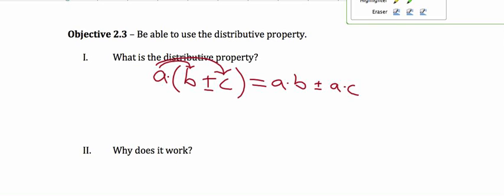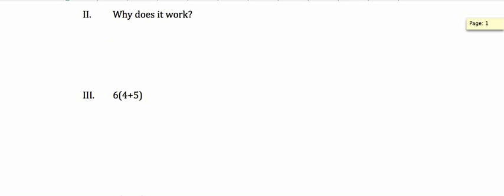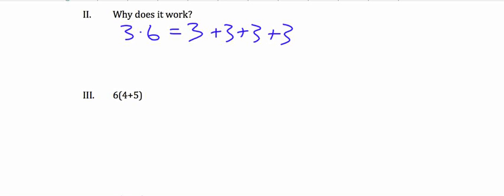As far as the why does it work part, that, to tell you the truth, is a little bit trickier, but I think I can explain it pretty easily. So imagine the expression 3 times 6. Another way that we could write this is 3 plus 3 plus 3 plus 3 all the way until we got to 6 threes, right?